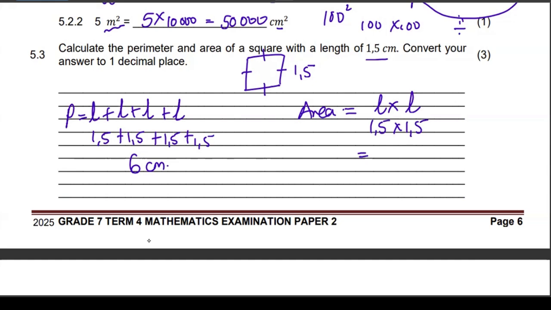So 1,5 times 1,5, I'm getting 2,25. This is centimeters squared. But then they want the answer to 1 decimal place, so 1 number after the comma. So this 5 is going to increase the 2 to give us 2,3 centimeters squared. So this is what the question wanted.